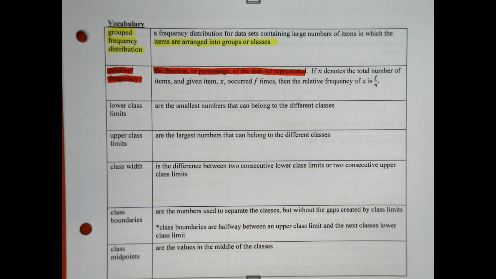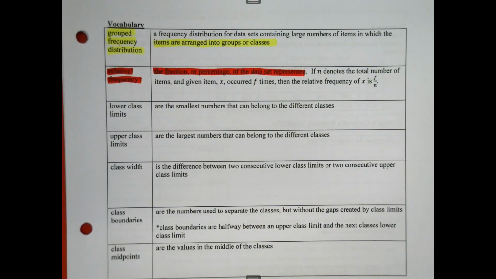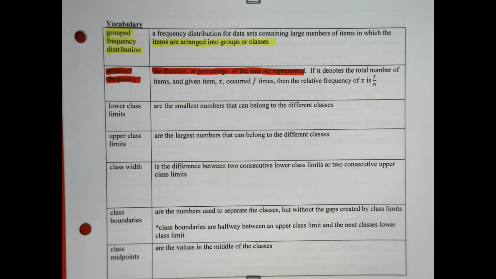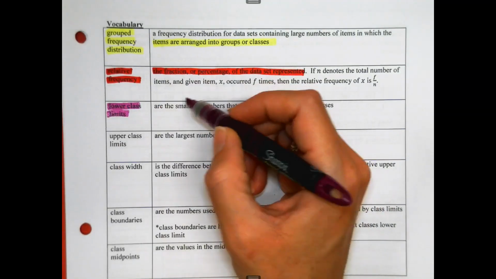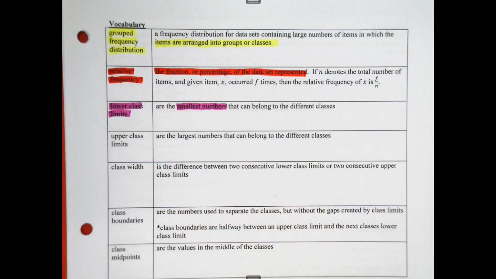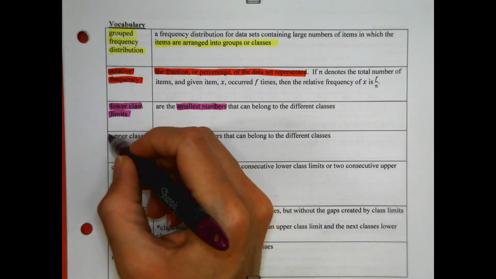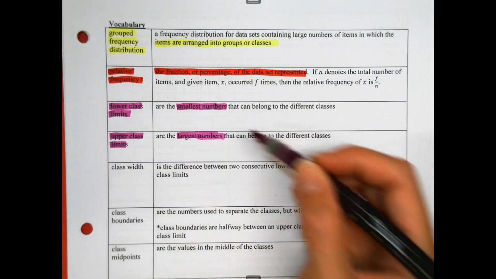Within this, we need to look at a couple of other concepts. Lower class limits. The lower class limits are the smallest numbers that can belong to different classes. Upper class limits are going to be the largest numbers that can belong to each different class.